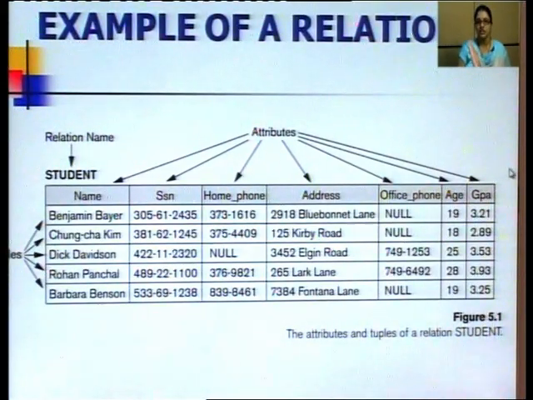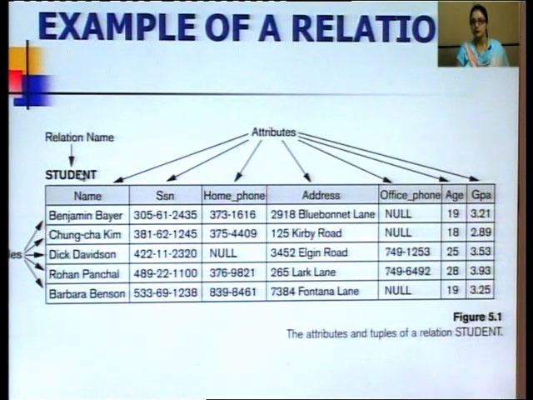So, this is a simple example of a relation showing the name of the relation, that is student. You can also say this is the name of the table, having the attributes name, SSN number, home phone, address, office phone, age and GPA, etc. These are the attributes of the table and each row is a tuple.